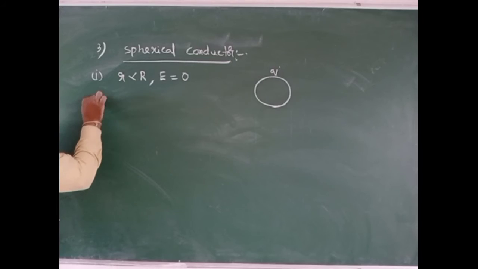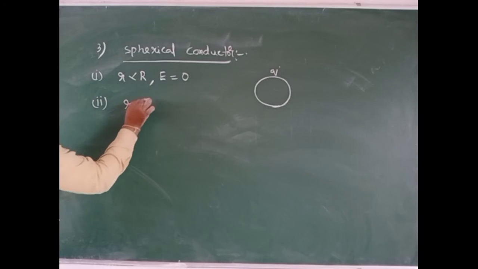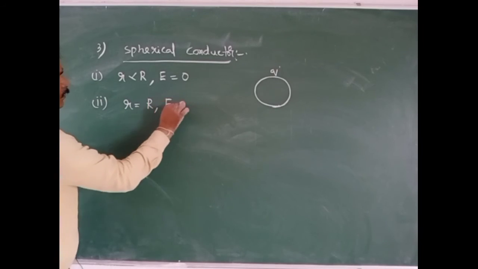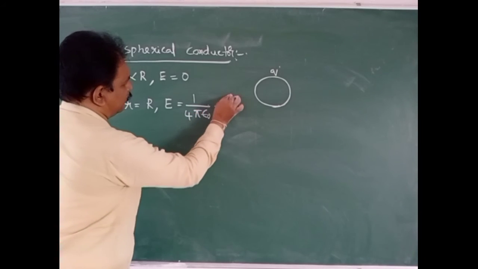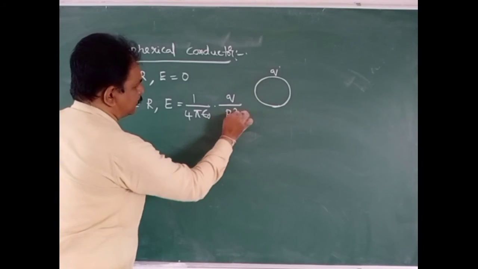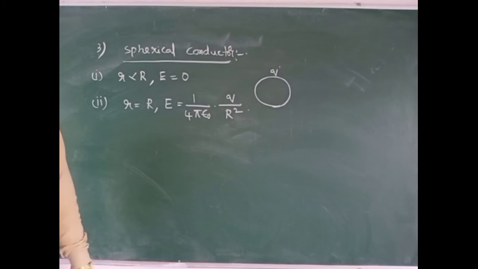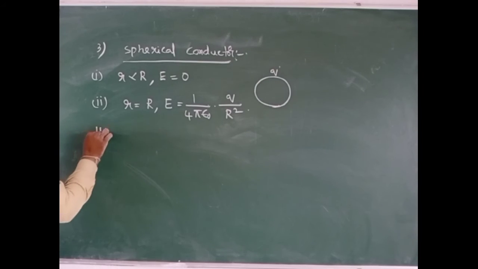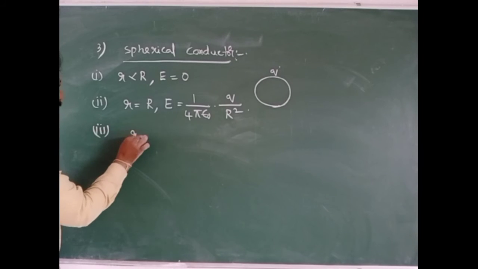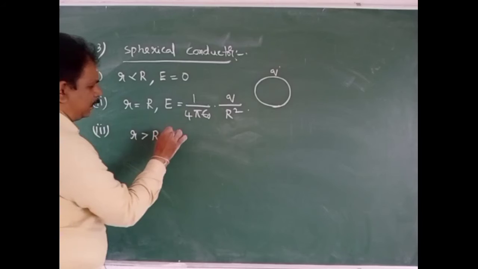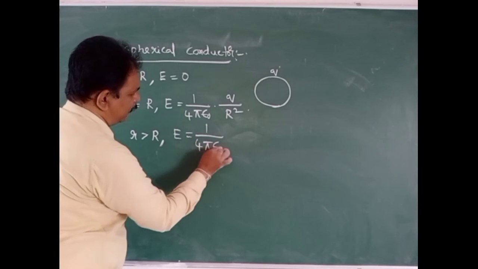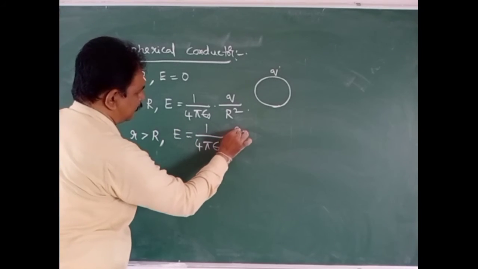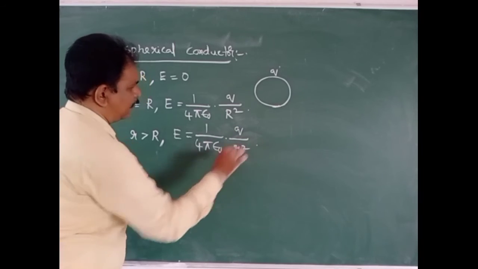If the point distance is equal to the radius, the field intensity is 1 by 4 pi epsilon naught q by r square. Next, if the point is outside the sphere, E is equal to 1 by 4 pi epsilon naught q by r square.